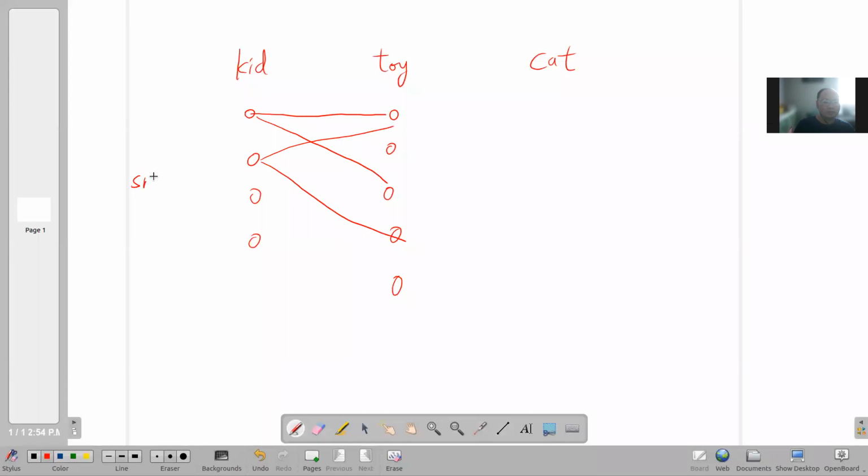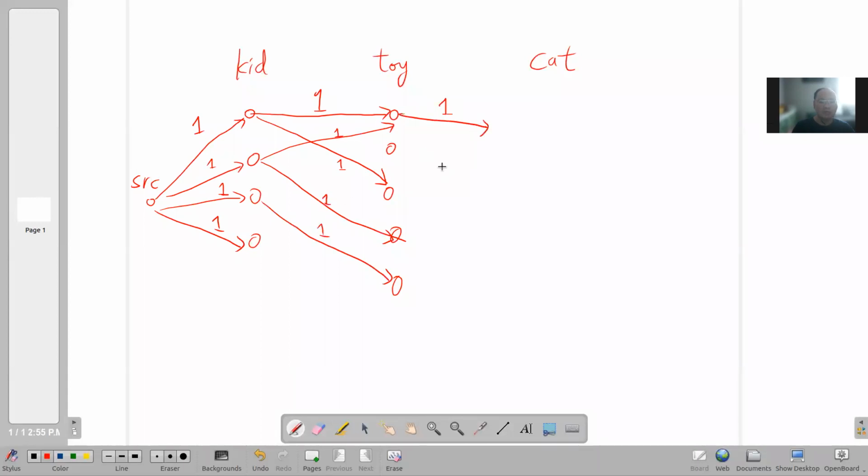And it's a standard maximum flow problem where we connect the source to each kid and give them basically 1 token. 1 token means they can use 1 toy. This token will be passed along to the toy, and there will be an outgoing edge to the category that has capacity 1. The capacity 1 basically means that no 2 children can use the same toy; the toy can only be used once.